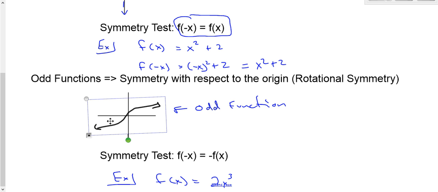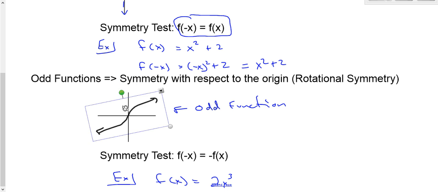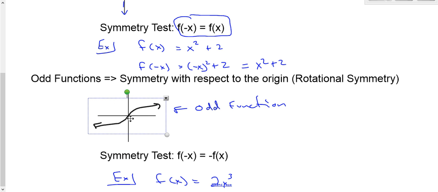Okay, I still have that curve. I just don't have this drawn perfectly to where it goes through exactly at the origin. But that's what symmetry with respect to the origin means: you rotate it around 180 degrees and it's going to give you the same graph. So this is an odd function.